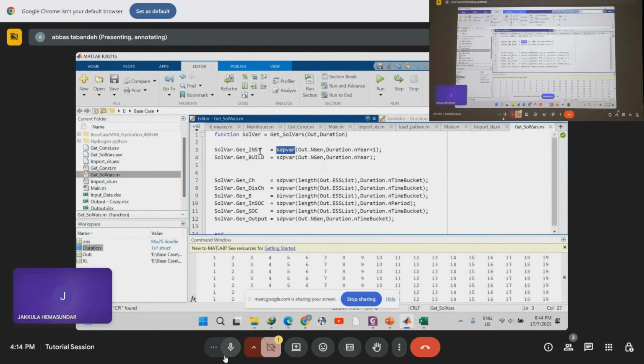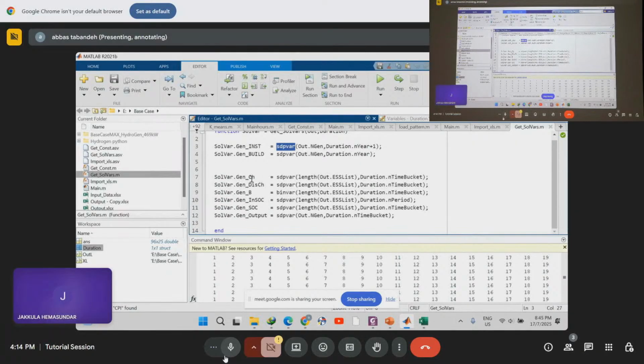And this one shows the output for sizing, the installation of each technology in each year. And this one is the capacity built in each year. This one shows the cumulated installation for each technology. And here we have the charging and discharging for our energy storage system. We have used ESS list that incorporates both battery and pumped hydro.